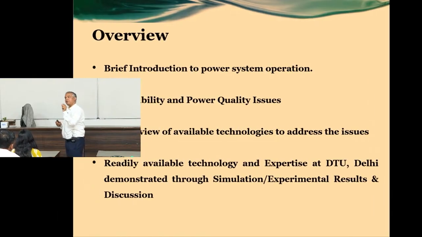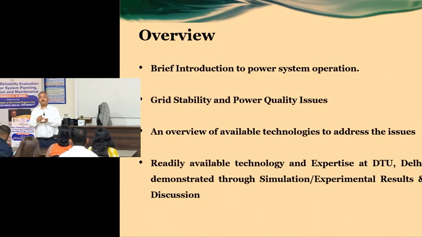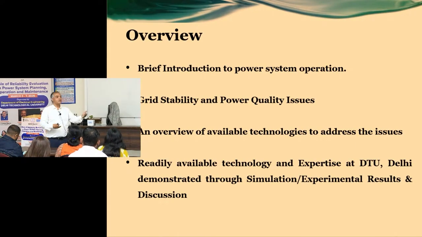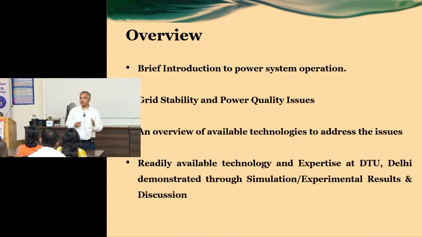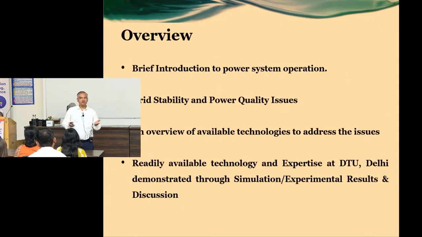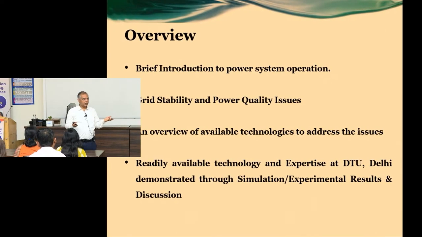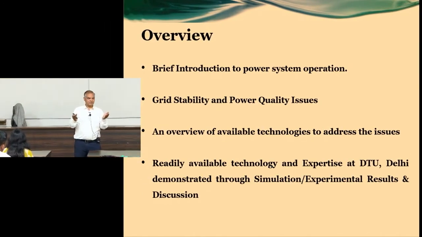So there is a mismatch of time constant. The moment the electrical demand has increased or decreased, at the same time the mechanical input has not been increased or decreased in synchronism with your load. So what will happen then? Your voltage and frequency will go out of control, means beyond the rated limits.